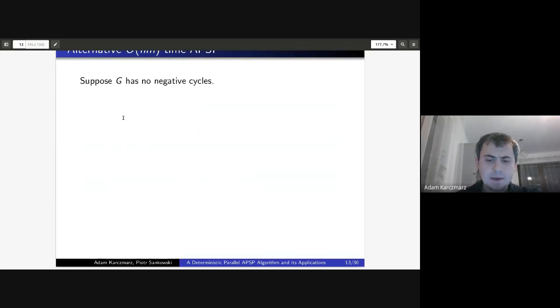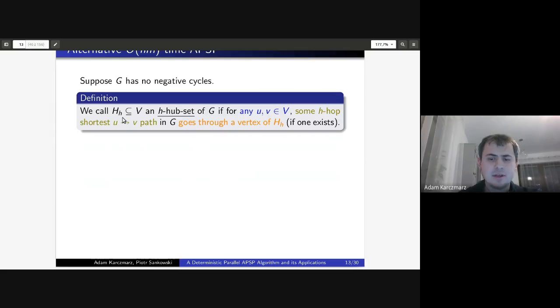So now let's define the key concept in this talk. We call a set H an h-hub set of G if for any pair of vertices u, v from the vertex set, some h-hop shortest path between these two vertices goes through a vertex of the hub set, if, of course, such a path exists. So in this simple example, we have just two vertices and three different shortest paths between the two vertices u and v.